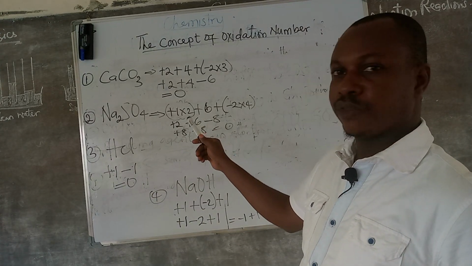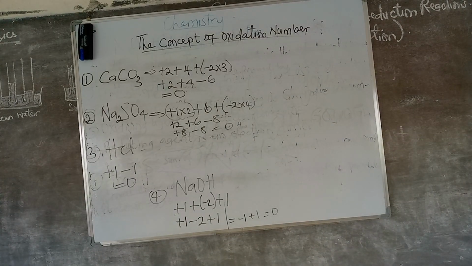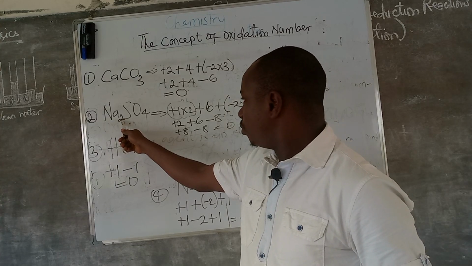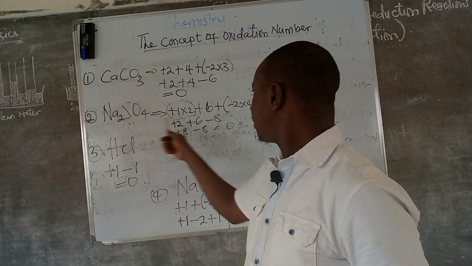Now, from the other side, you see sodium tetraoxosulfate(VI). The oxidation state of sodium there is +1, so +1 times 2, plus sulfur is 6.